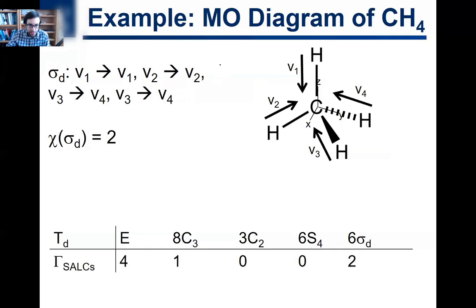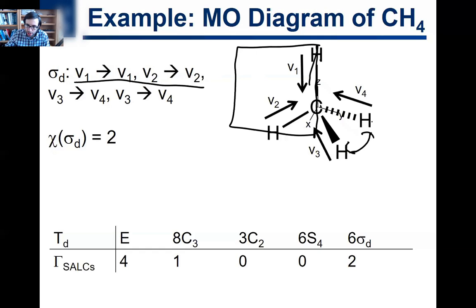The last one is sigma d. There are 6 sigma d's in the molecule. You can choose whichever one you want. I'm choosing the one that's easiest to draw, which is right here. It's in the plane of this hydrogen-carbon-hydrogen bond. Because these vectors, V1 and V2, are in that plane, they're not going to move. So V1 goes to V1, V2 goes to V2, but then these hydrogens are flipping places, so these vectors, V3 and V4, are going to exchange places.